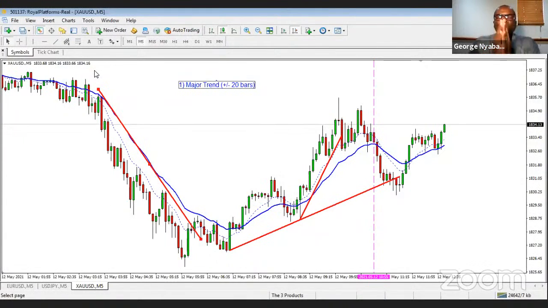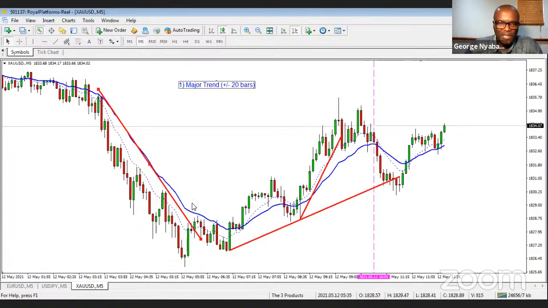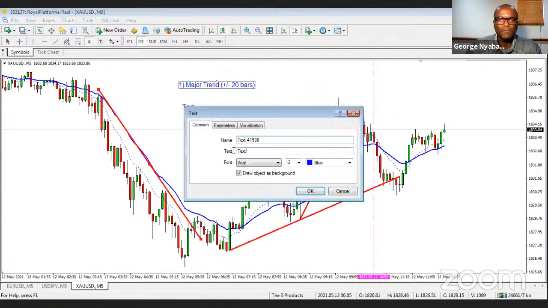The second thing, so you are looking for a trade where the market is now reversing completely and starting in a different direction. So there is a major trend. The second thing that you want to see is a break of the trend line.